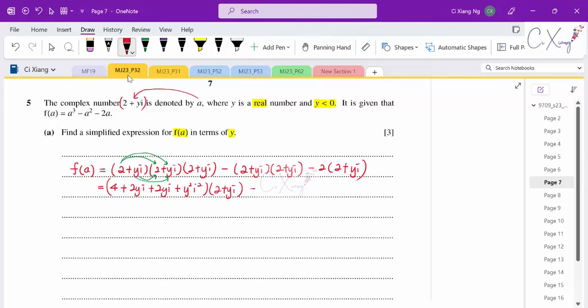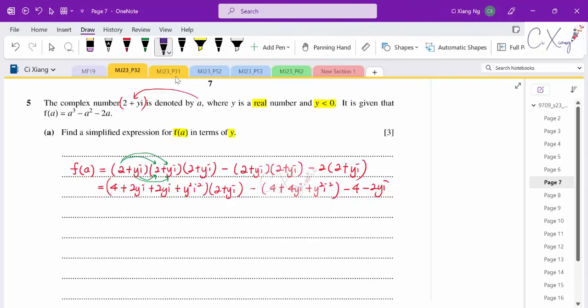The same thing happens for these two brackets. After you expand, you should have something very similar to what we have here. I have 4 plus 4yi, then plus y squared i squared, then minus 4 minus 2yi. Before you continue to expand the other bracket, you need to simplify the i with power first.